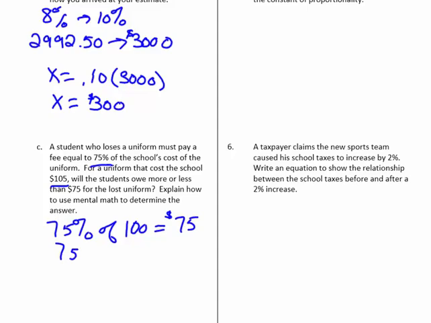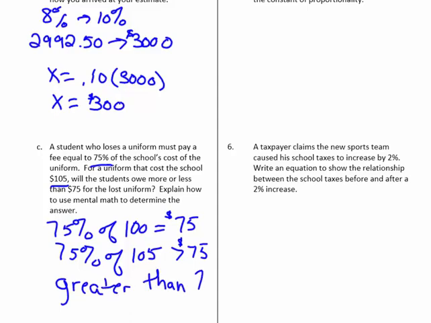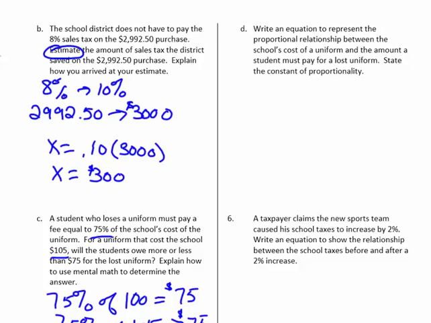So 75% of $105 has to be greater than 75. So the student will pay greater than $75. They didn't ask for it exactly, they just wanted to know if it was more or less.